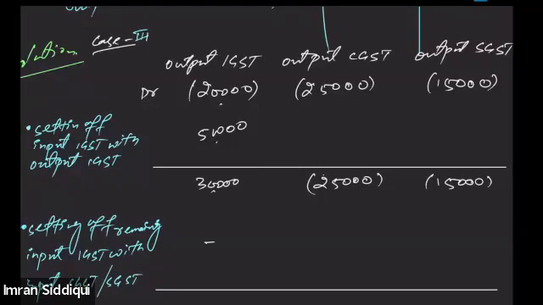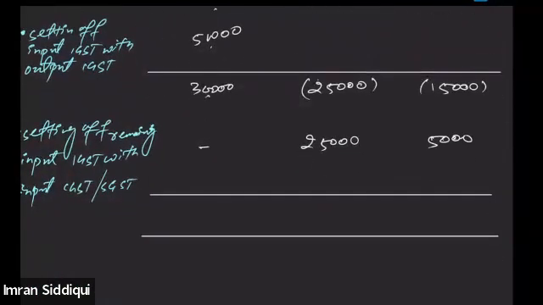So we'll first adjust this amount to the extent of the output CGST balance available, that is 25,000, and the balance value will be adjusted with the output SGST. Now we'll get the nil balance here, but we'll get the debit balance of 10,000 under the output SGST. This is the debit balance.